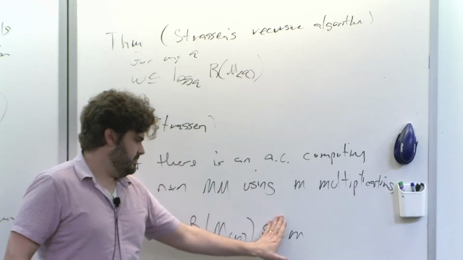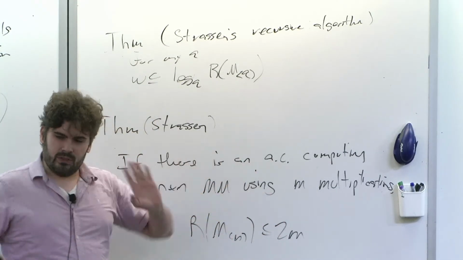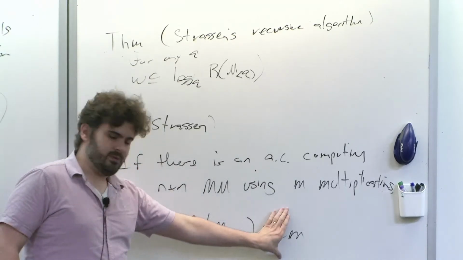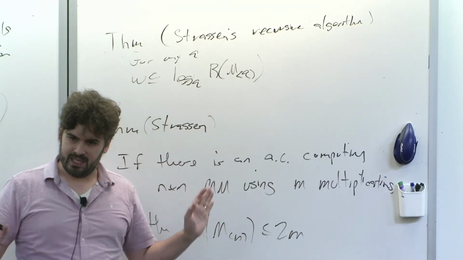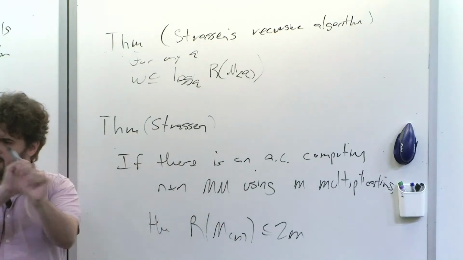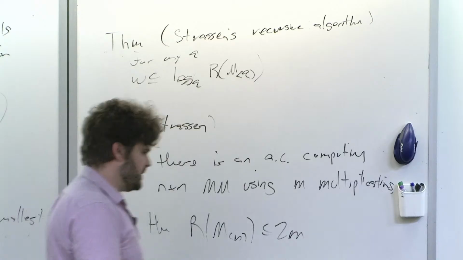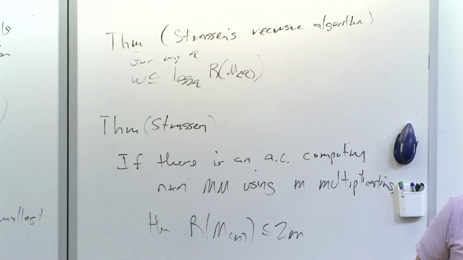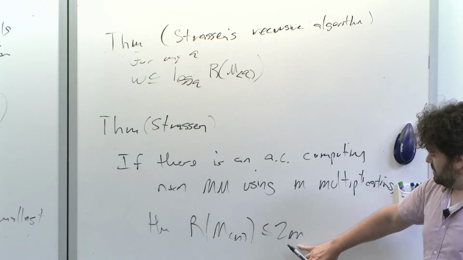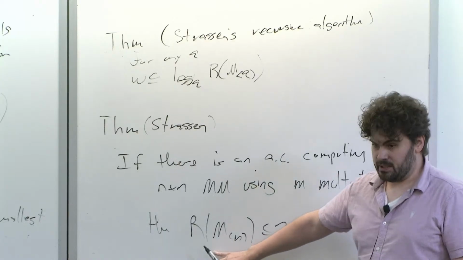This too, by the way, if this circuit uses only bilinear multiplications, it's in fact equal to m, and the 2 accounts for the fact that maybe this circuit uses the commutativity of the variables. So, in other words, we can lower bound circuit complexity by lower bounding rank.